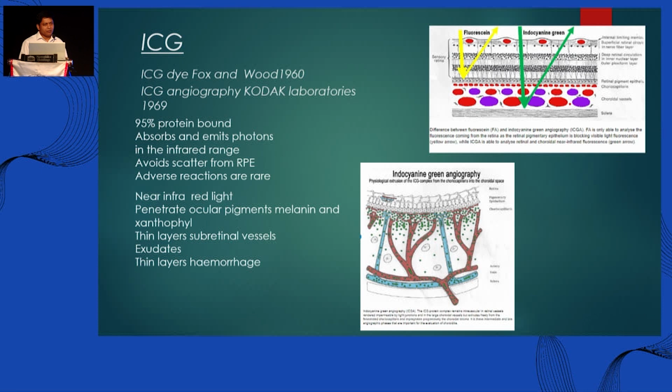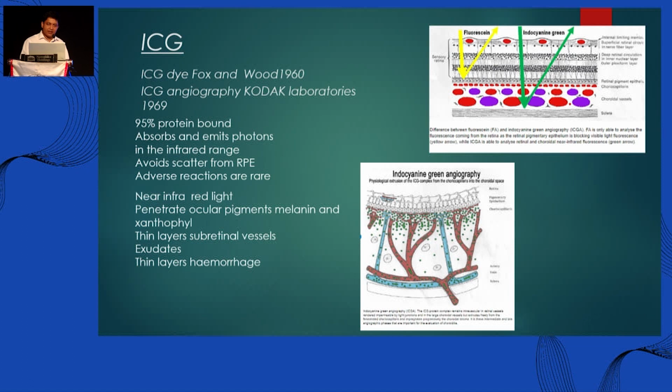ICG is actually almost the same thing as the fluorescein, but it images the choroid. Because of the dye and the spectrum we use, it avoids the RPE, so that you will be able to look at the underlying choriocapillaris.